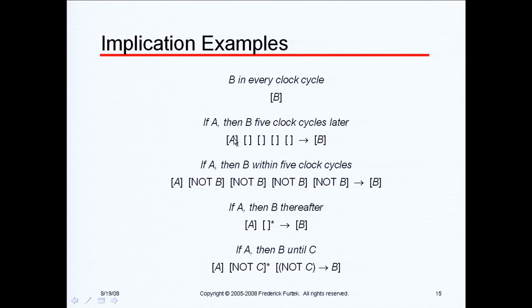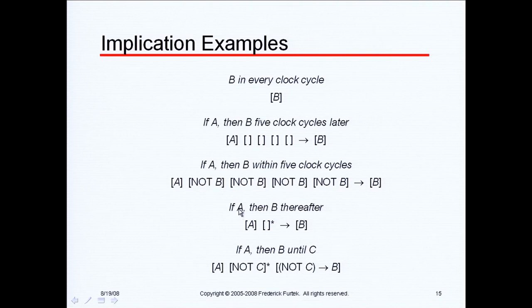So what this says is if A holds in a state, then 1, 2, 3, 4, 5 clock cycles later, B holds. If we want to say if A, then B within the next 5 states or clock cycles, we write A followed by not B, not B, not B, not B, then in the next state, B ought to hold.